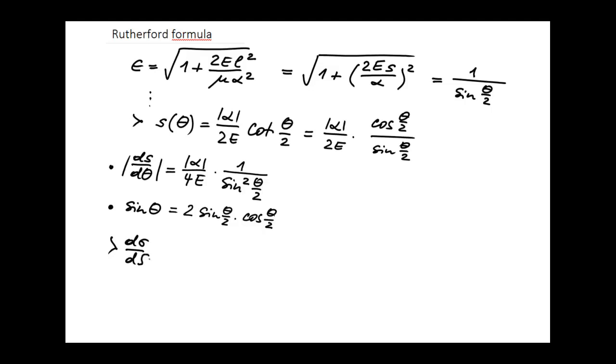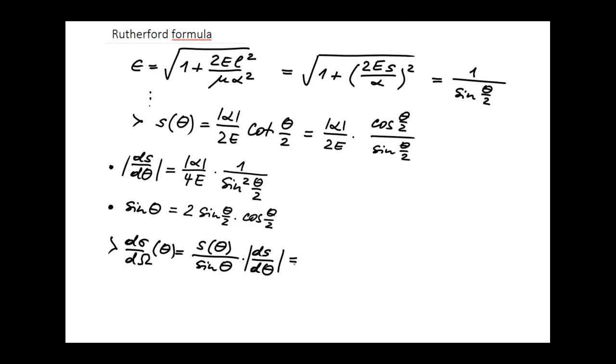Remember the general formula for the differential cross-section. That was the impact parameter as a function of scattering angle divided by the sine of theta times the absolute value of the derivative ds over d theta, and then we use our various results.